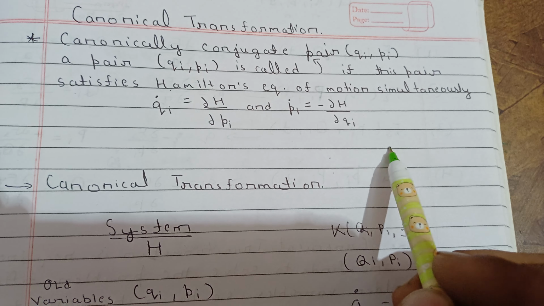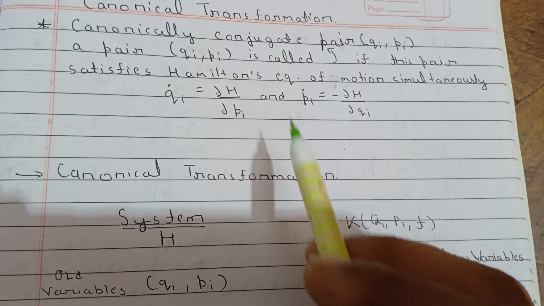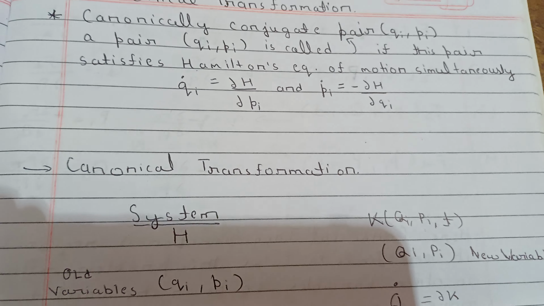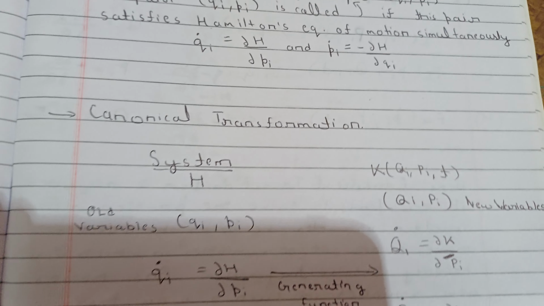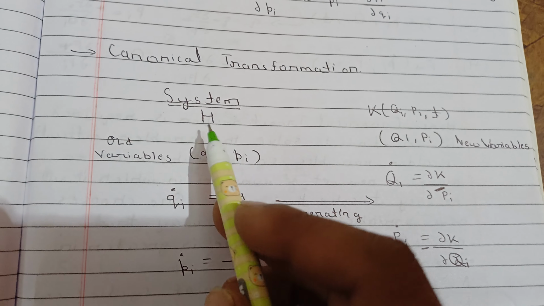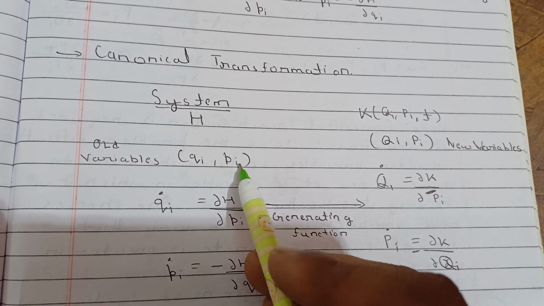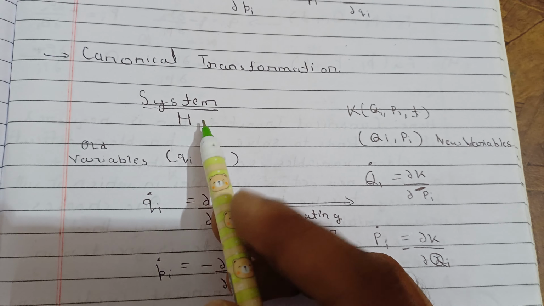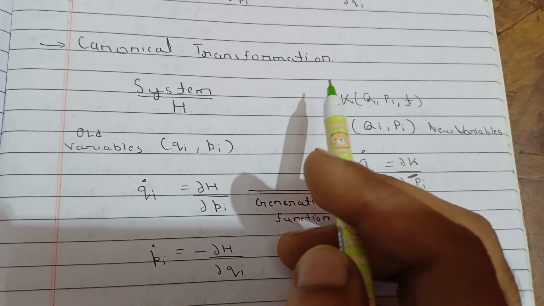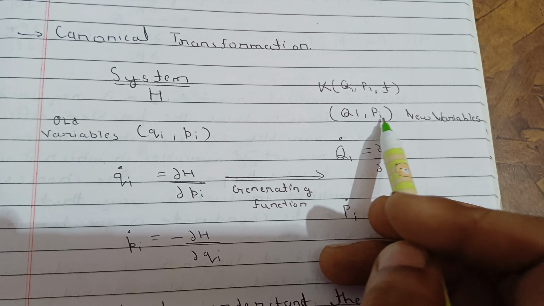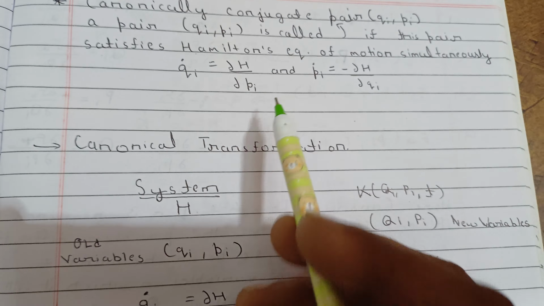Then to convert the first pair into the second pair, with both pairs satisfying the equations of motion, that conversion is called the canonical transformation. Now the first system has Hamiltonian H and its variables are qi pi, we call them old variables. Now we convert the system into another system with new variables, Qi Pi, which also satisfy these conditions, means they are also canonically conjugate pairs.